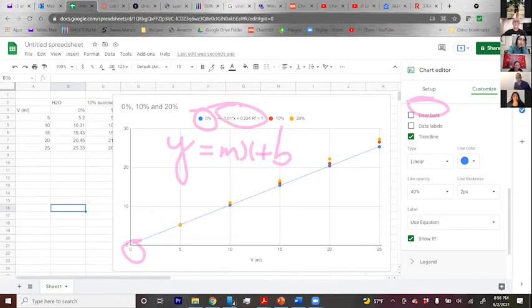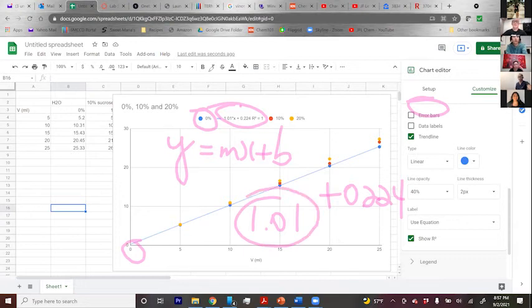The m is 1.01, and the y-intercept, the b, is plus 0.224. So one of these things is good, and the other one's not so good. The slope, that's really close to 1, right? I'd say that's about as close to 1 as you're going to get. That's what I've calculated as the density of water.